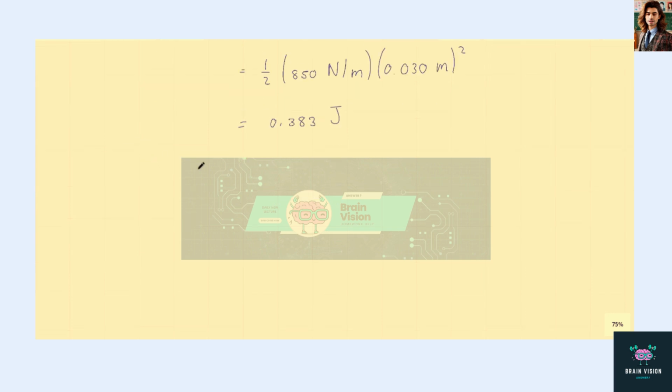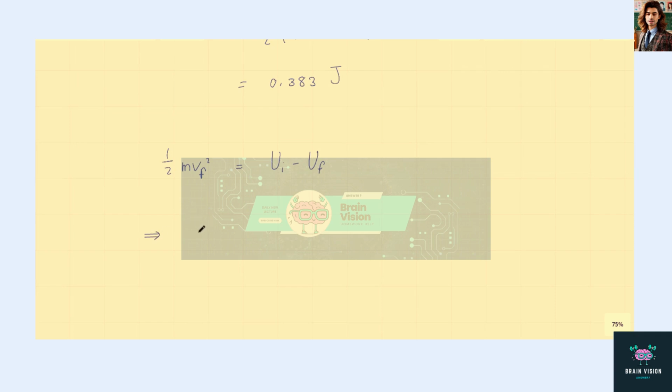And again, we need to find the kinetic energy so we can find the speed. Now from above, we saw that a half m vf squared, where vf is now the speed through the point that is 0.03 meters from the equilibrium point, must equal ui minus uf, the change in elastic potential energy.